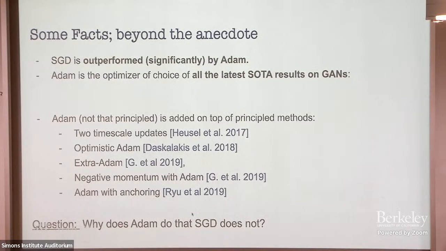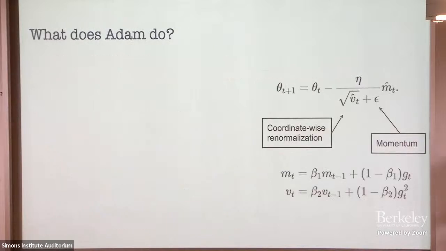And so the question I want to answer today is: what does Adam do that SGD does not? So, a quick reminder of what Adam is. We have this update where we have the step size. We update theta t by using a specific vector with a step size. m_t is basically a momentum, and we have a coordinate-wise renormalization that depends on the squared value of the past gradient.